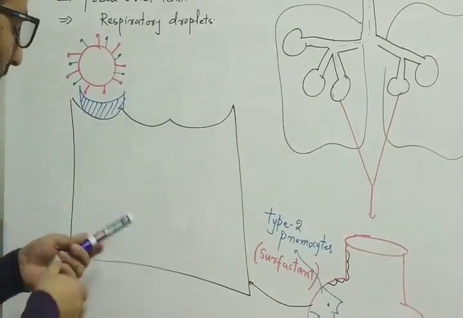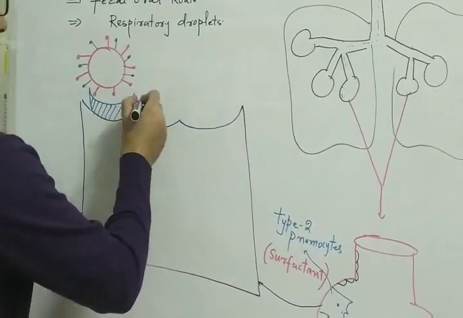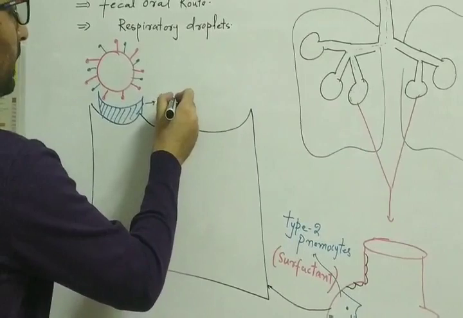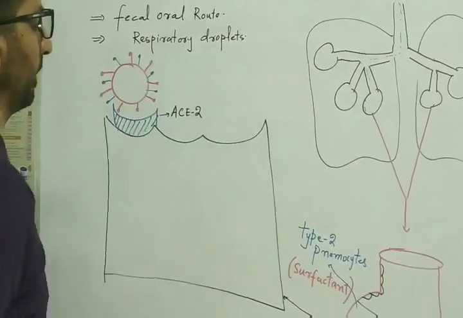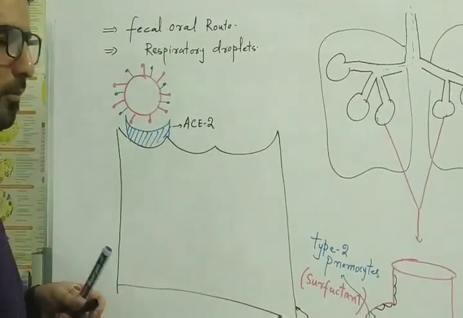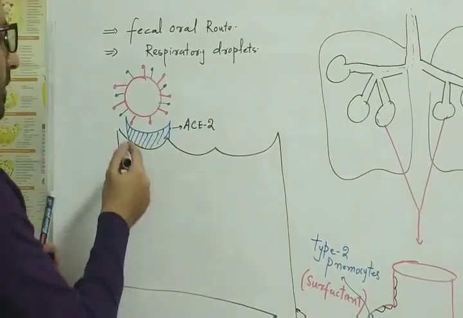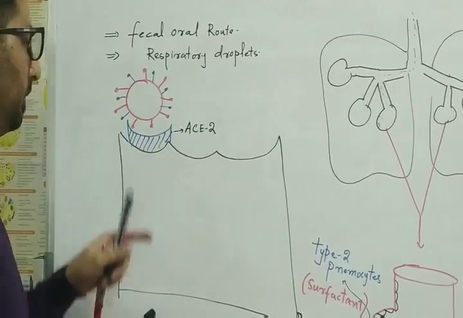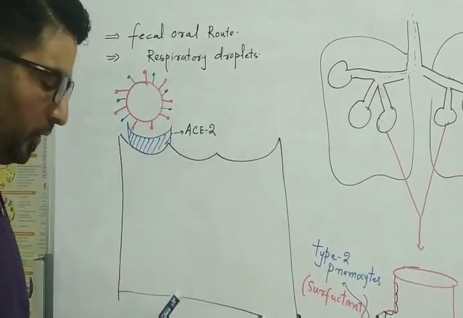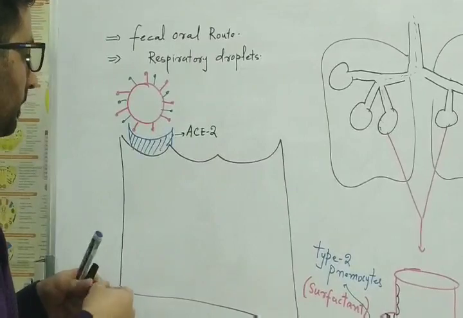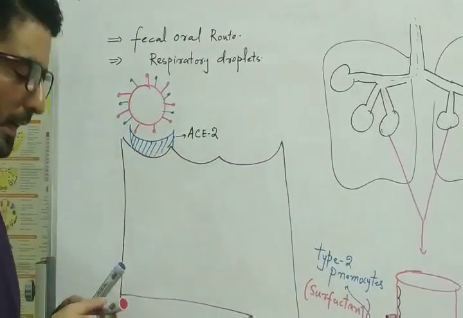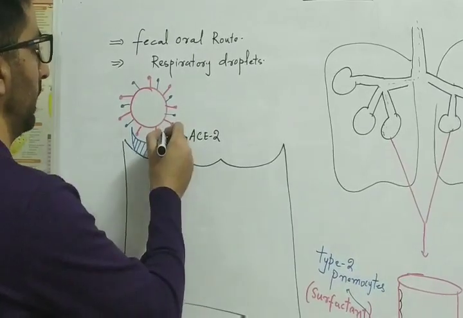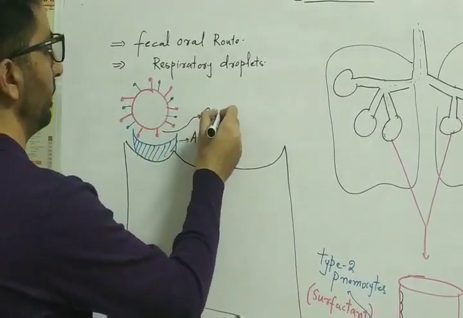What is this receptor actually? This receptor is called angiotensin converting enzyme receptor 2. Which spike binds on this receptor? These are the special spikes, for example this spike also. This spike is called the S spike.